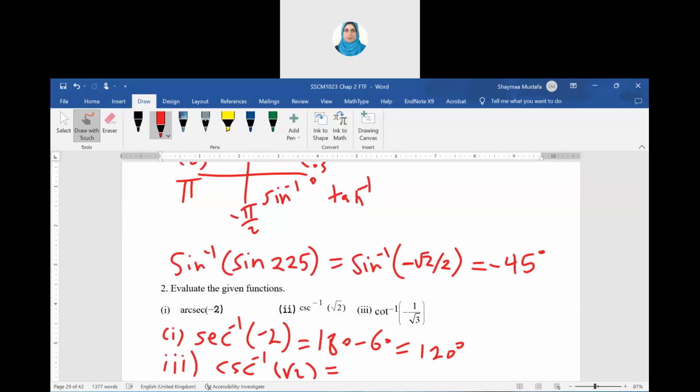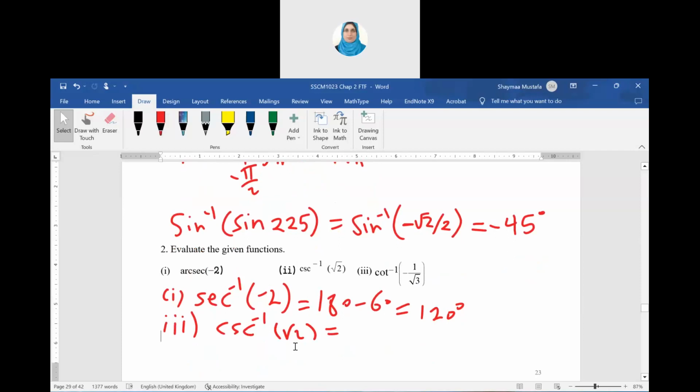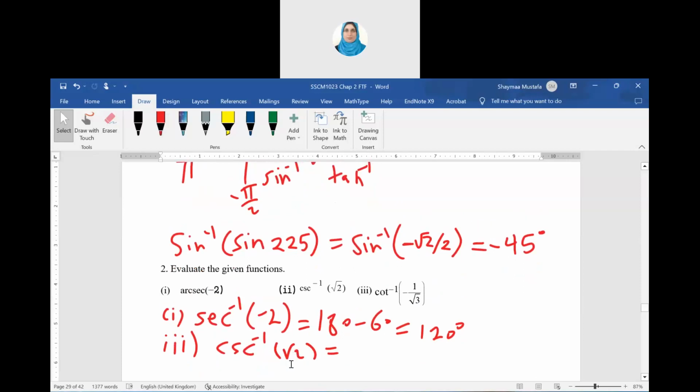What about the others? Can you calculate cosec inverse of the root of 2?